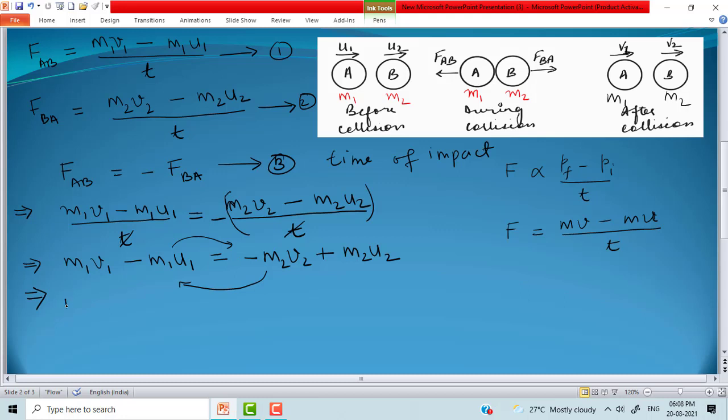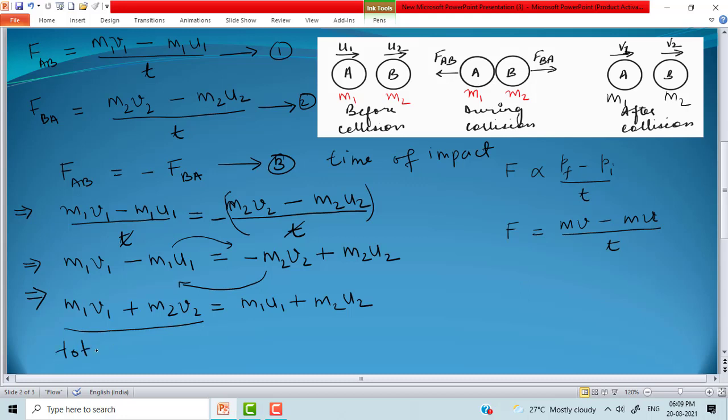So m1 v1 plus m2 v2 equals m1 u1 plus m2 u2. Then we have the required equation, m1 u1 plus m2 u2, and m1 v1 plus m2 v2.